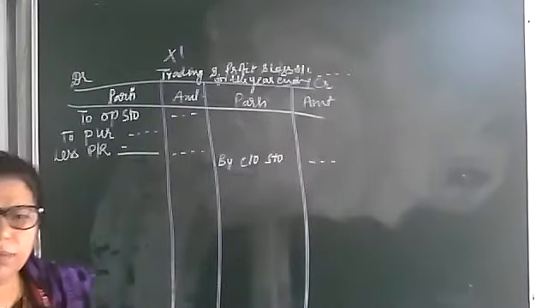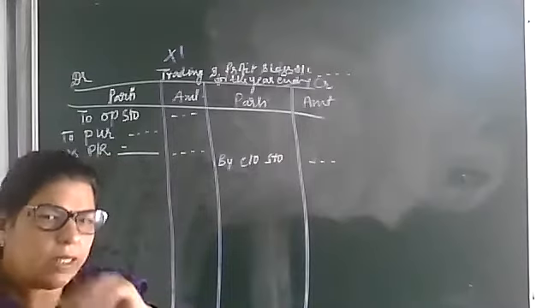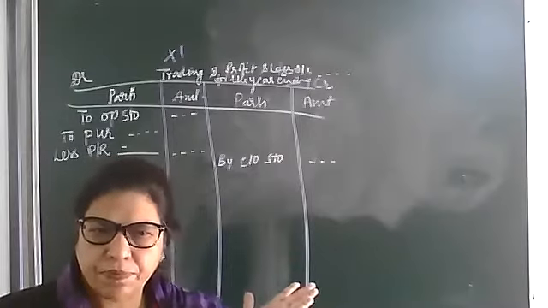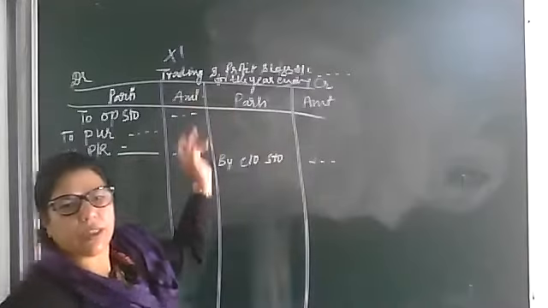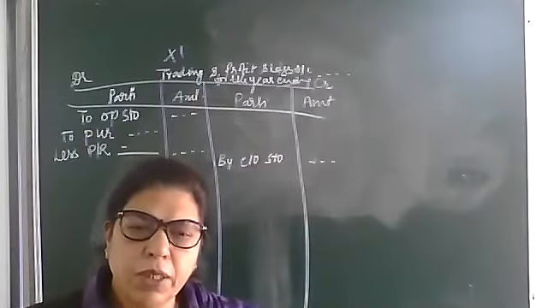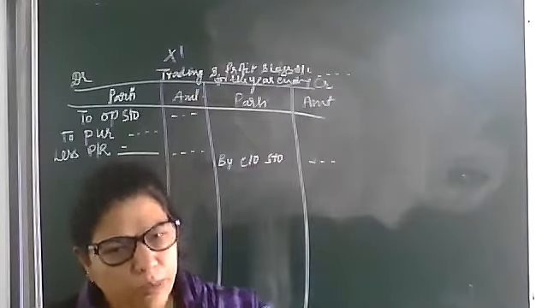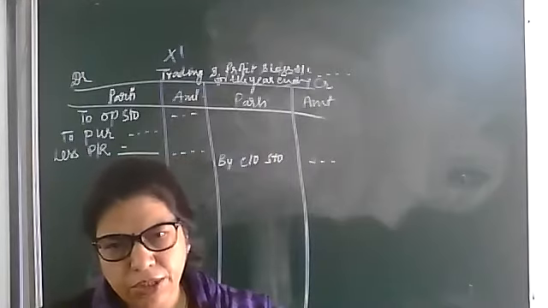Now, outer column directly. See, opening stock means inventory held in the beginning of the financial year. Opening stock will include raw material, work in progress, and finished goods.